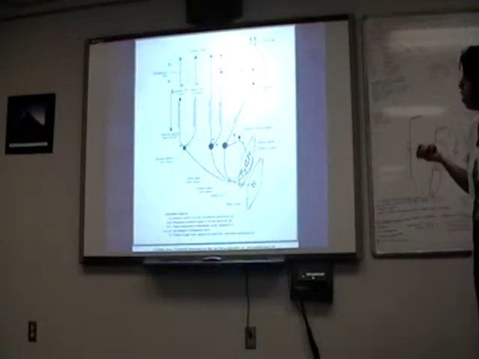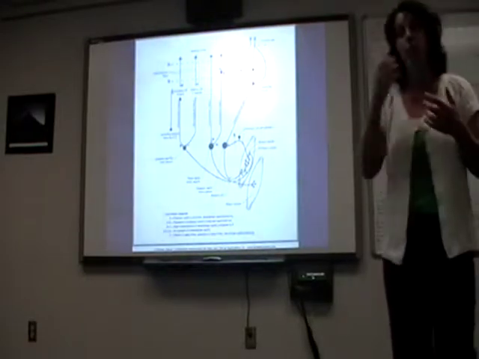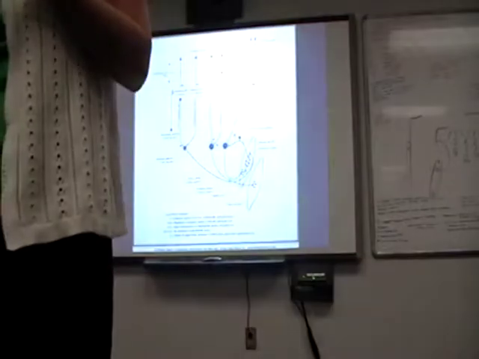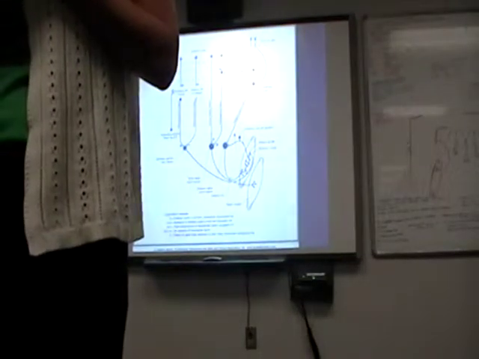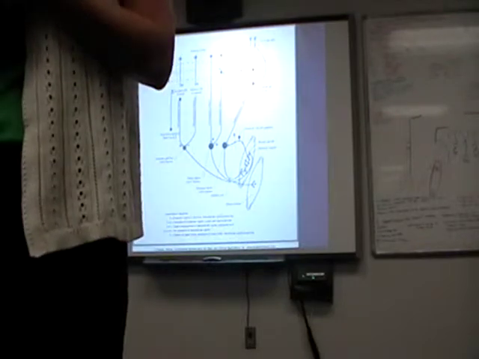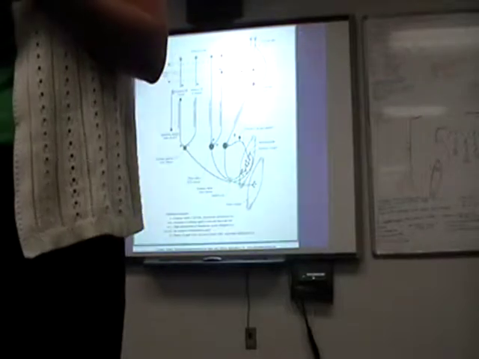And essentially all of these pathways are going to eventually act on those extrafusal muscles and the intrafusal muscles, be that whether they're conscious pathways like our corticospinal, corticobulbar, or they're subconscious pathways.